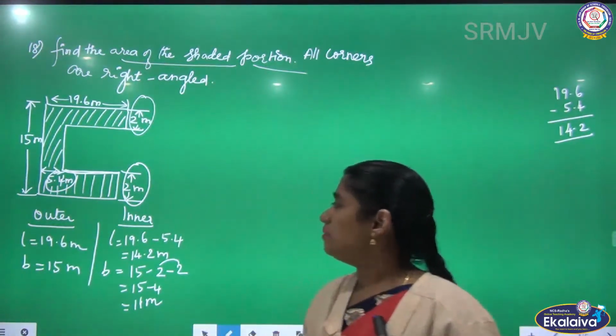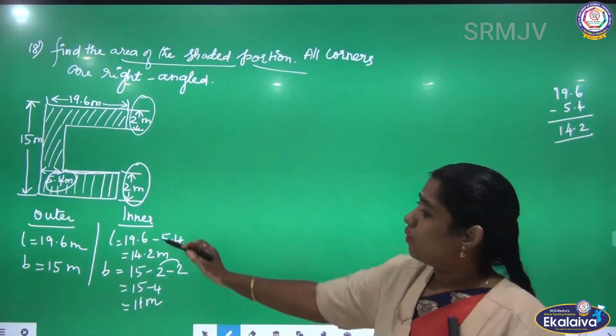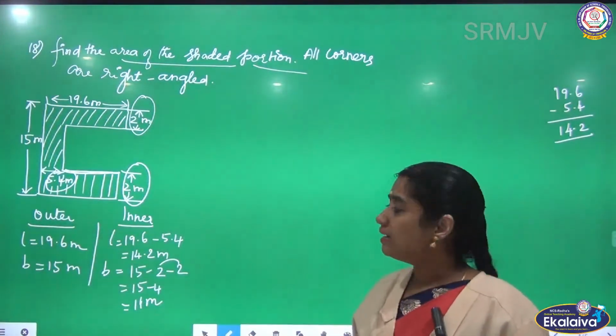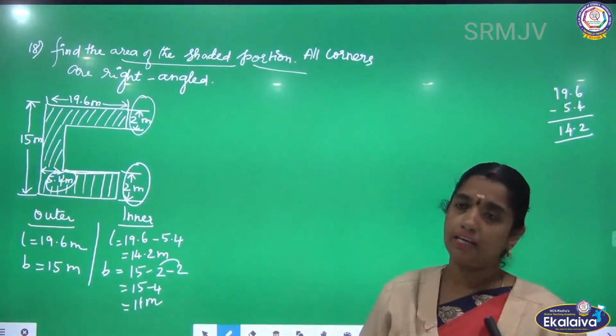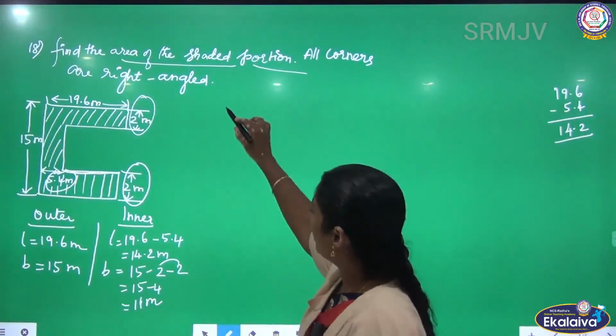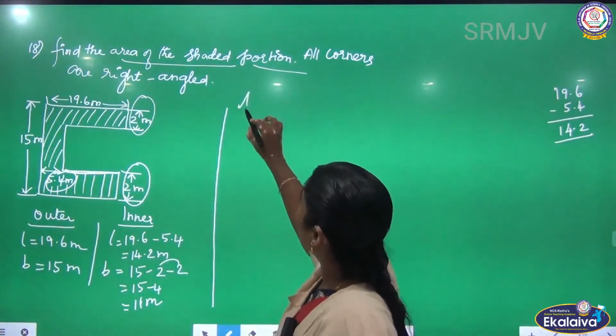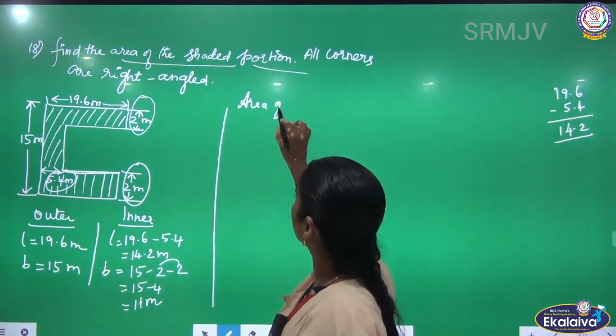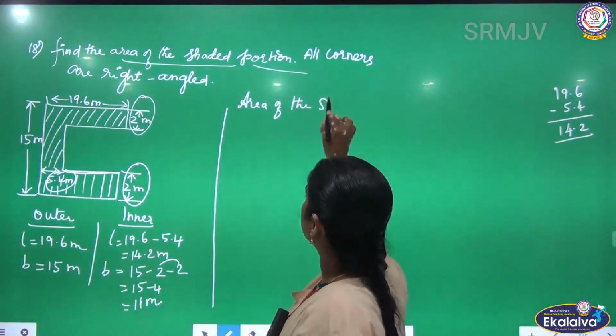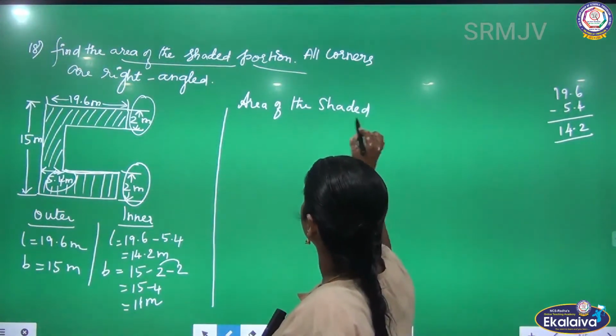Okay? 11 meter. Now I have the outer rectangle length and breadth and the inner rectangle length and breadth. So I am going to find the area of the shaded portion.